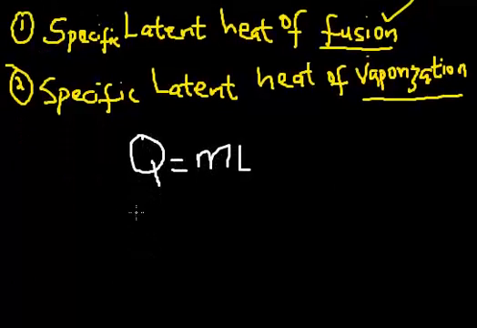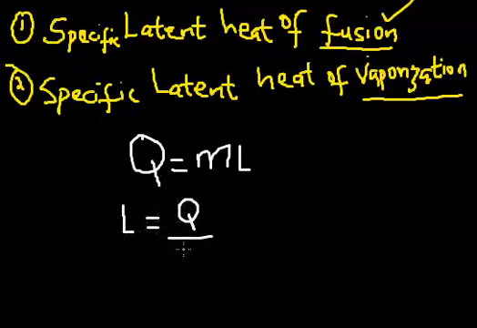Which simply means that if I make the specific latent heat the subject of the formula, it is going to be the quantity of heat supplied divided by mass. The SI unit of heat is joule, the SI unit of mass is kilogram. So specific latent heat is joule per kilogram.